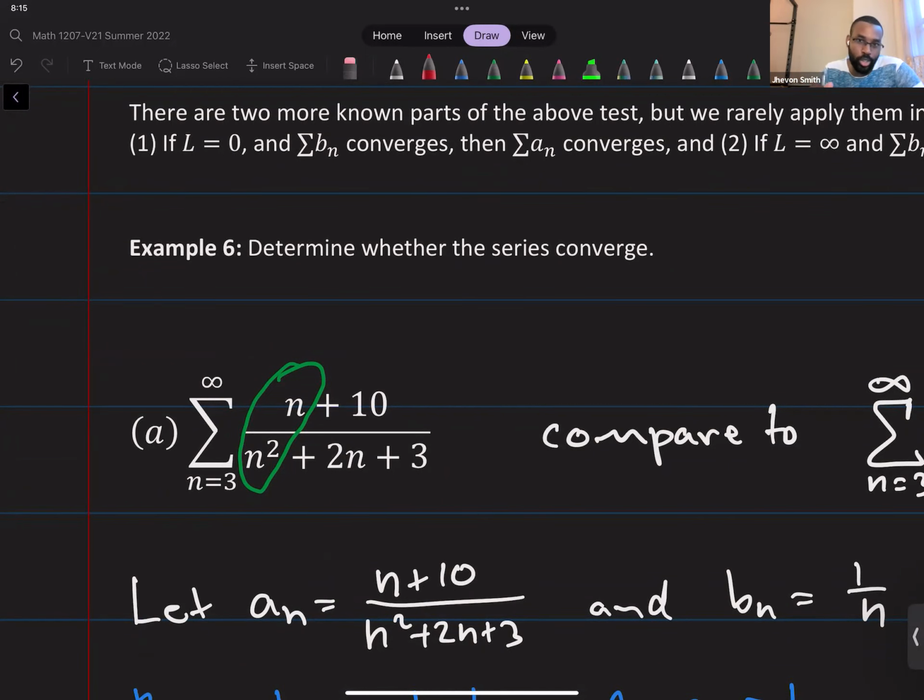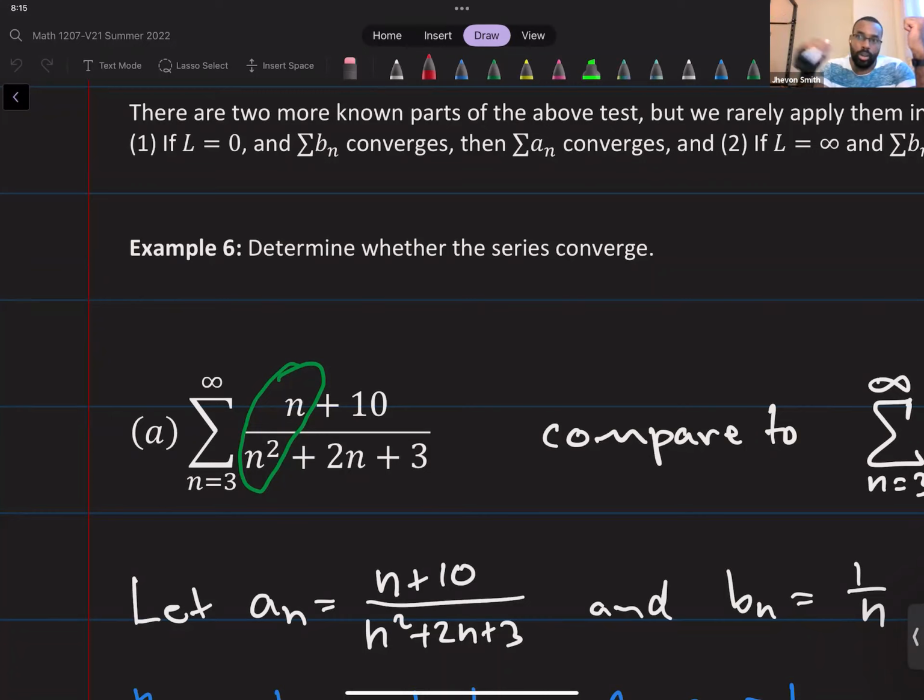You would not try the ratio test. It's going to be pointless, a waste of time. Because if I replace all n's with n plus 1s here, the numerator becomes n plus 1, still a first degree polynomial. The denominator becomes (n plus 1) squared plus 2 times (n plus 1) plus 3. It's still a second degree polynomial.